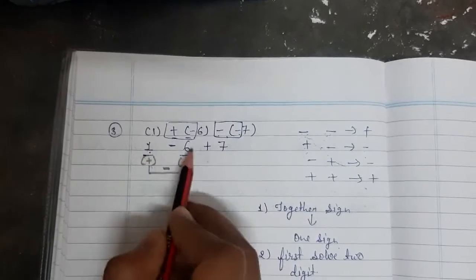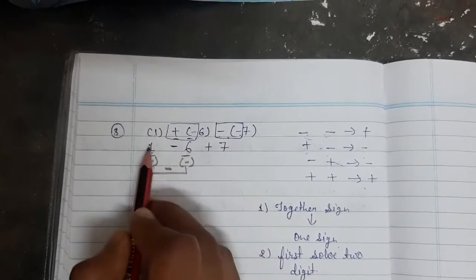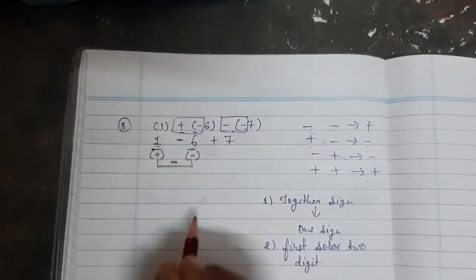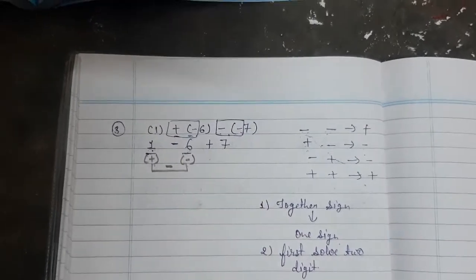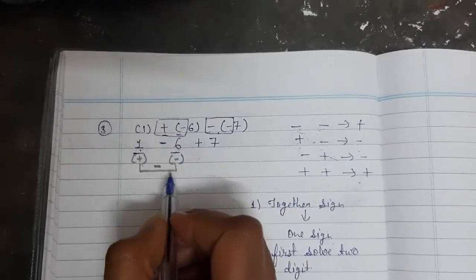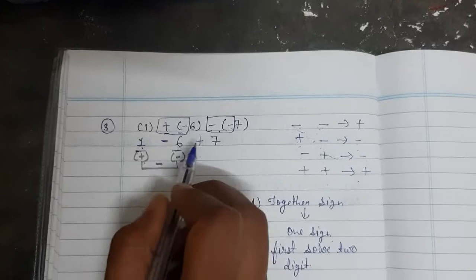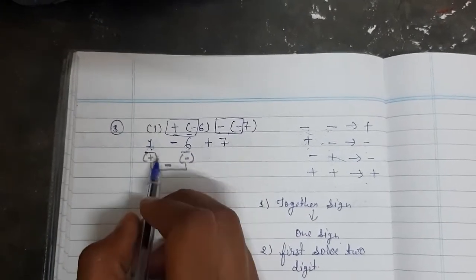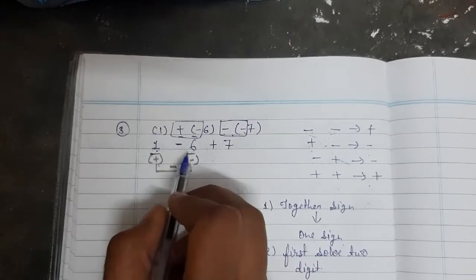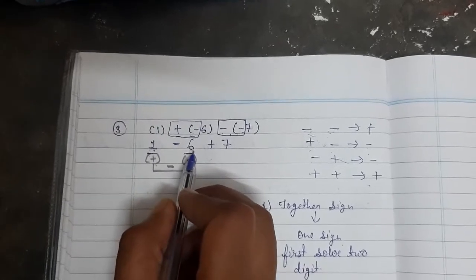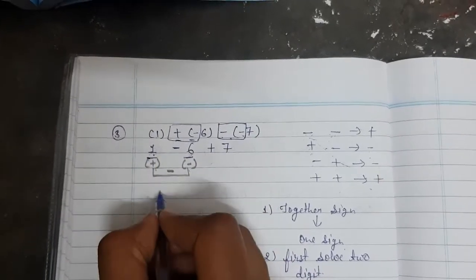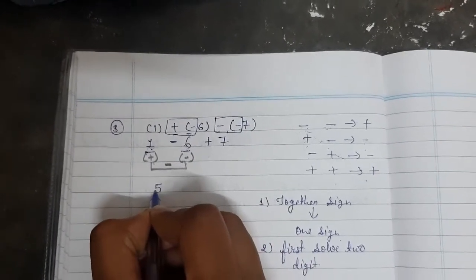You are doing minus in between them. If you have done minus, then how do you subtract? You subtract the smaller from the bigger. If you subtract 6 minus 1, then you will get here 5.